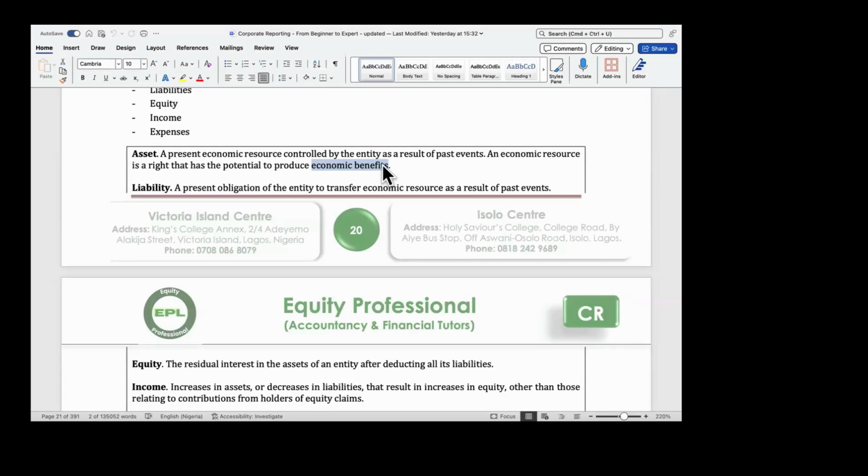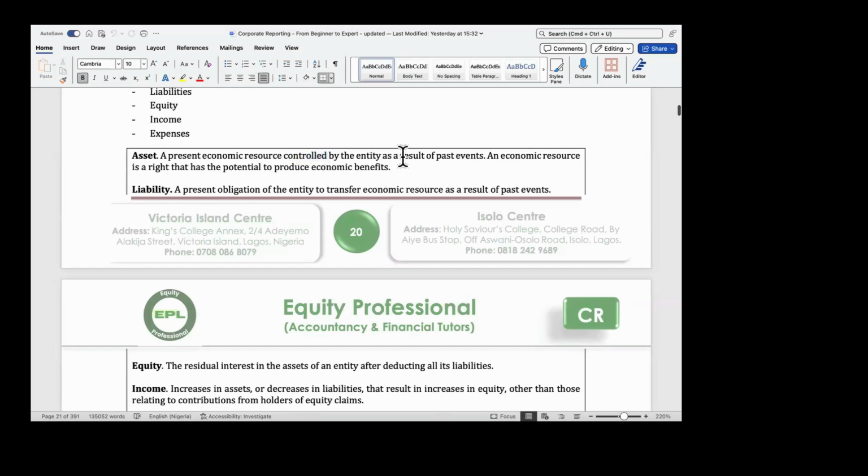Whatever you have that makes money for you, makes savings for you, or reduces your liability, that is an economic resource. However, before you can call that economic resource your asset, it must be controlled by you. Control here means that the benefit from that resource must flow to you.